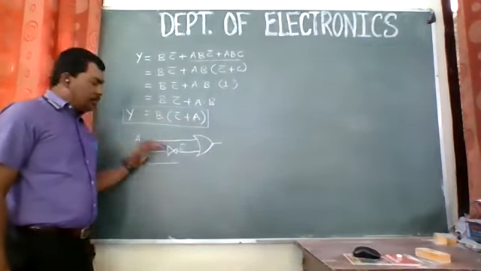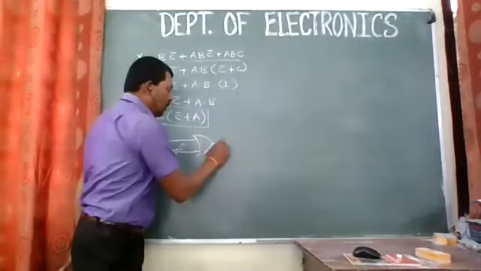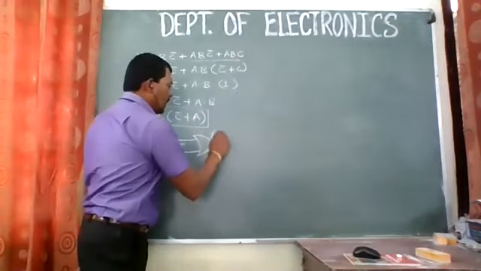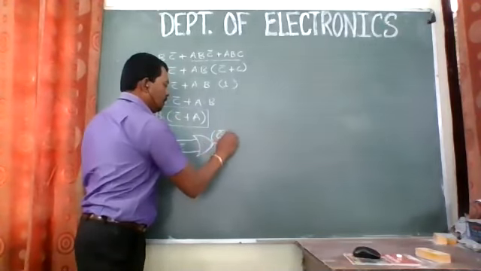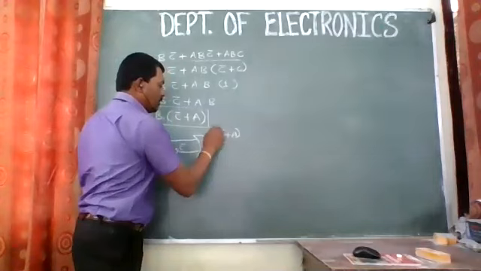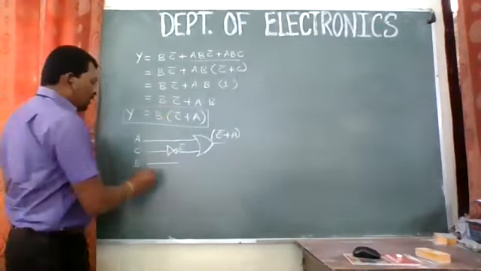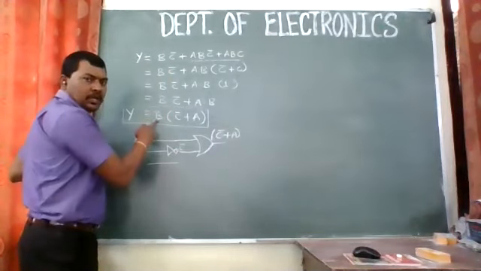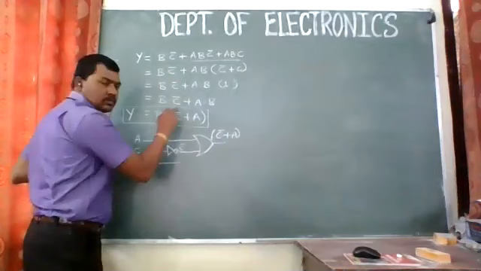So for A plus C bar, I am drawing it like an OR gate. The output over here will be C bar plus A. Now the last one, that is B, is to be ANDed, dot product ANDed with this whole.